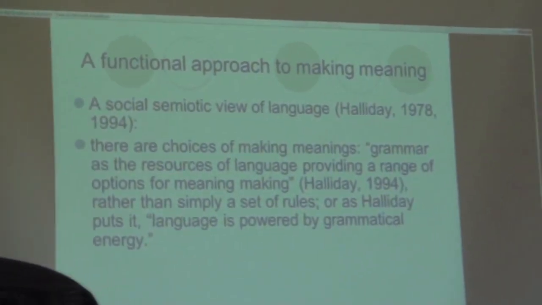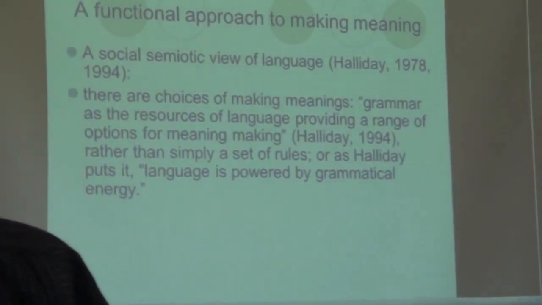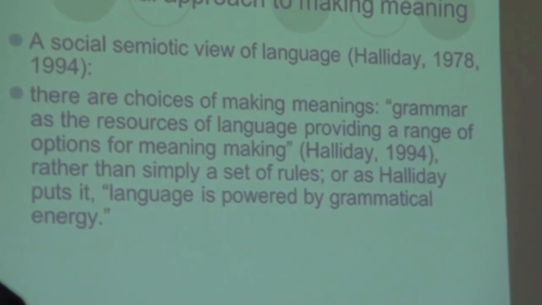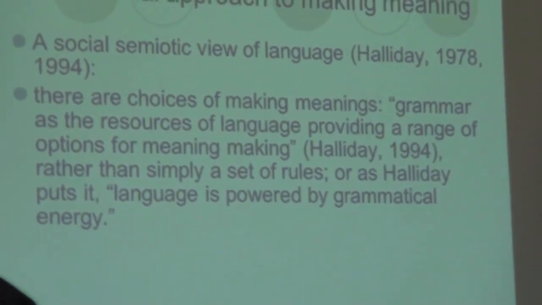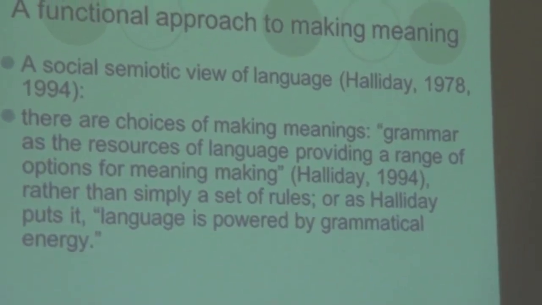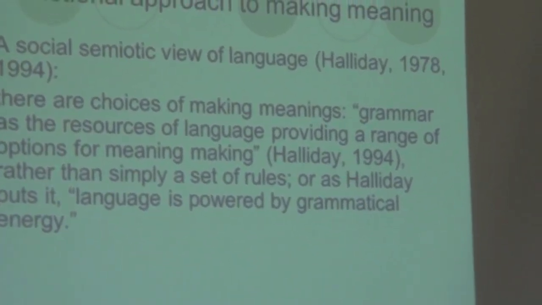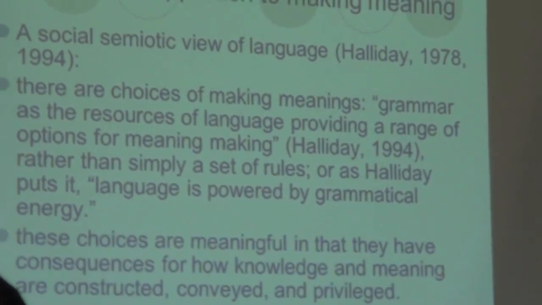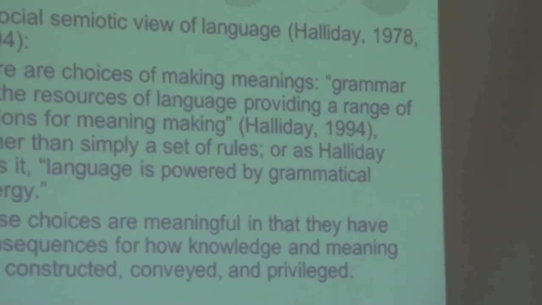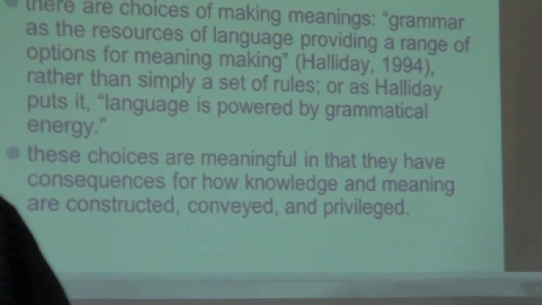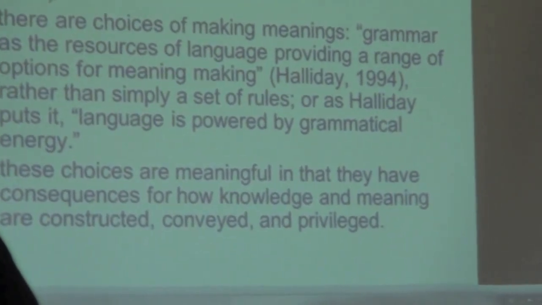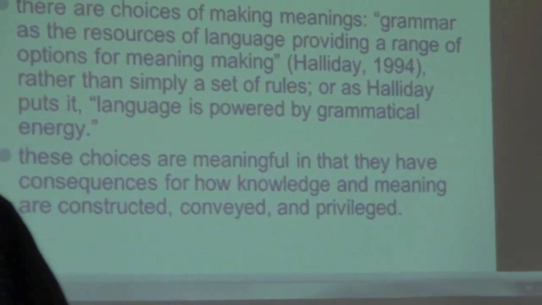So Michael Halliday talks about the choices of making meanings, and that grammar should be really seen as a resource of language that provides us a range of options for meaning-making. Okay? Rather than a simple set of rules. And these choices are extremely powerful and meaningful in that they have consequences for how these meanings are constructed.